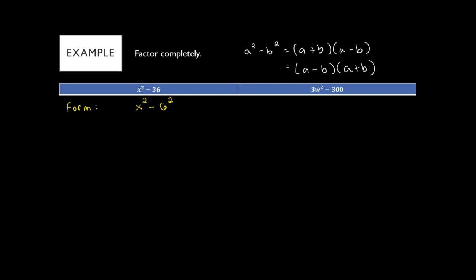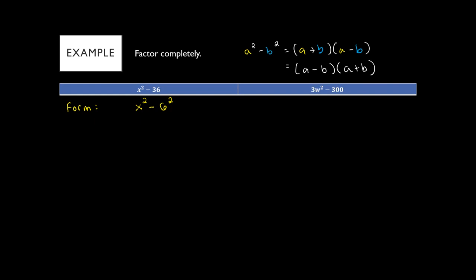Once you've recognized the form, it's just a matter of plugging it into the formula. Whatever a is goes into the spots for a, and whatever b is goes where b is in the formula. You're just recognizing what a and b are, and those are the things that are underneath the square symbol. In x squared minus 36, when we rewrote it, we have x squared minus 6 squared.